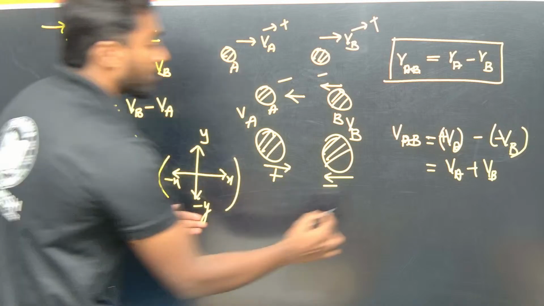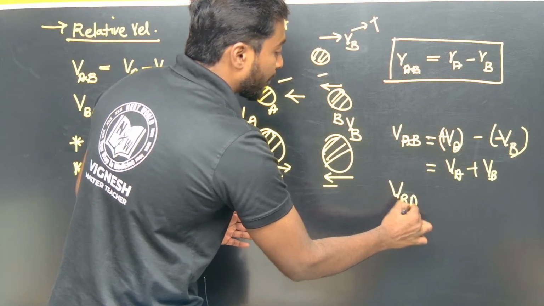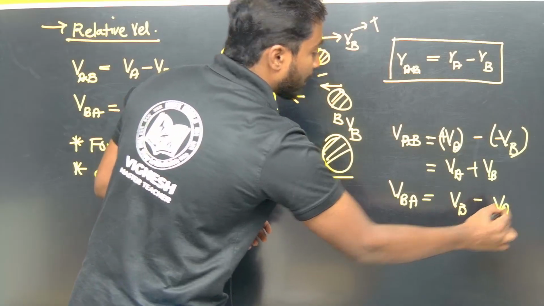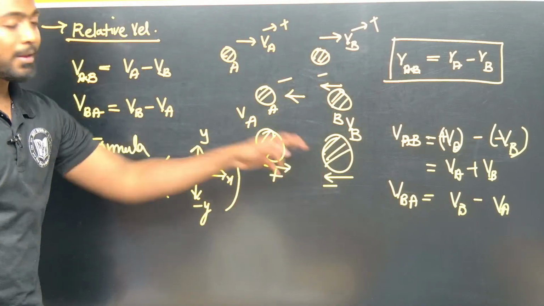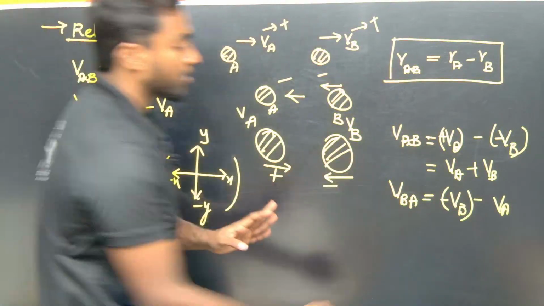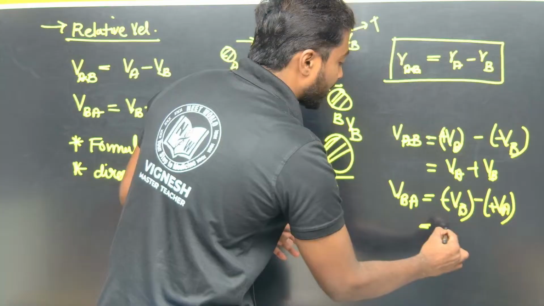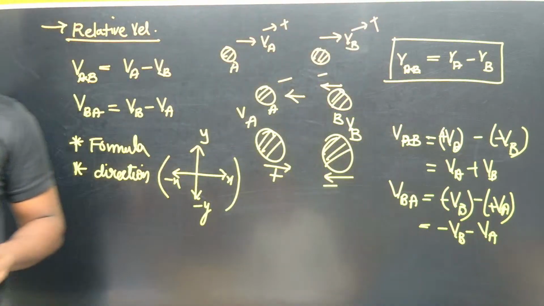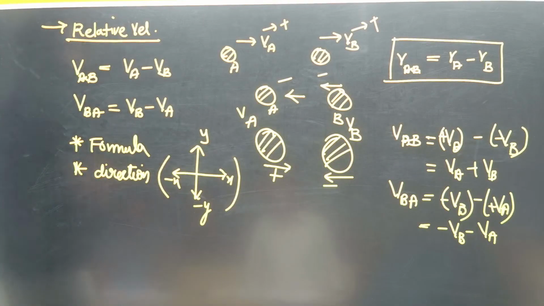What about VBA, the velocity of B with respect to A? VB minus VA. Now see the directions. VB is in the negative direction, so keep negative. VA is in the positive direction, keep positive. So the answer will be minus VB minus VA. Got it? You can take a note of this.